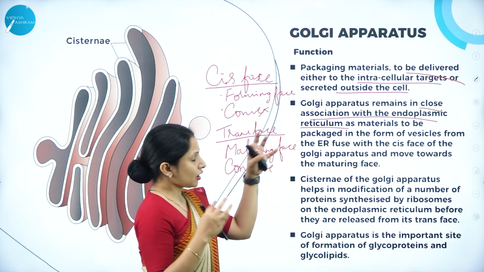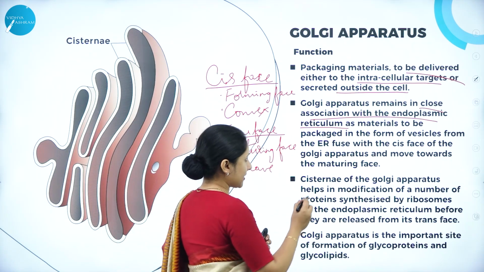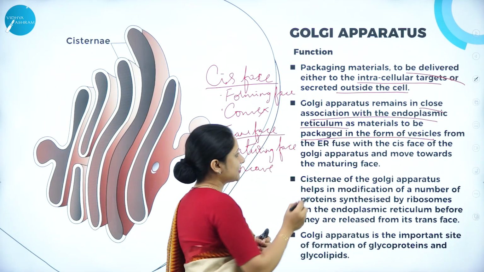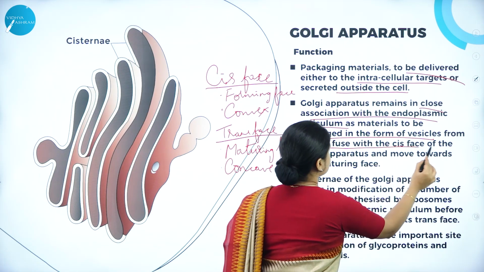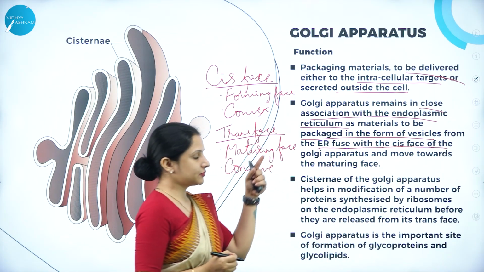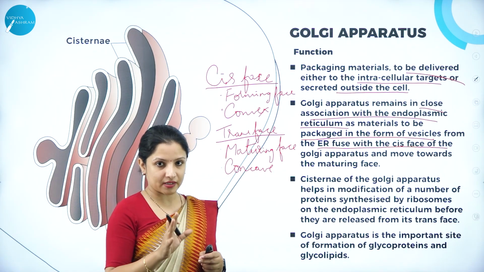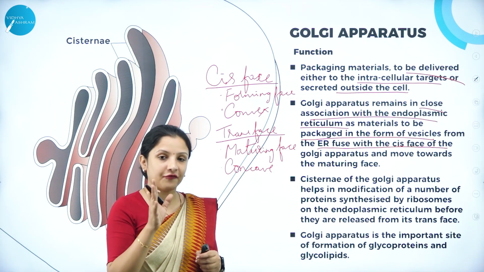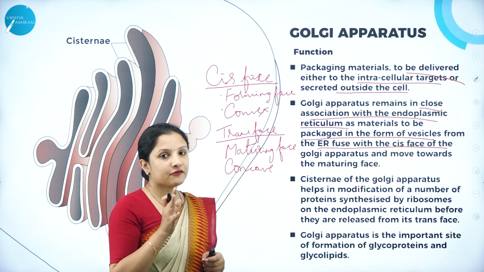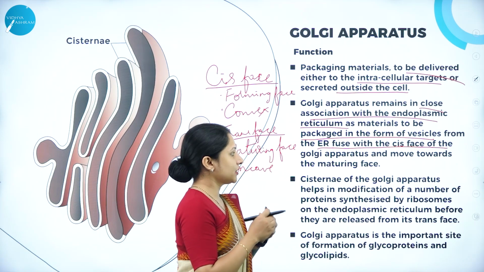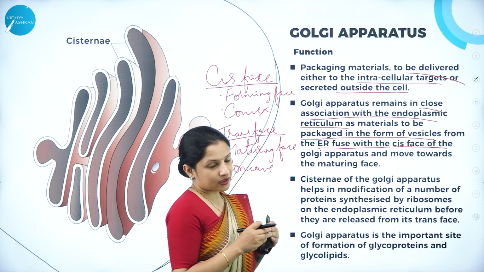So here, whatever material is being packaged in the form of vesicles from the endoplasmic reticulum fuses with the cis phase. That is, the endoplasmic reticulum forms a connectivity with the Golgi apparatus, wherein the cis phase, the forming phase of the Golgi apparatus, fuses with the endoplasmic reticulum.